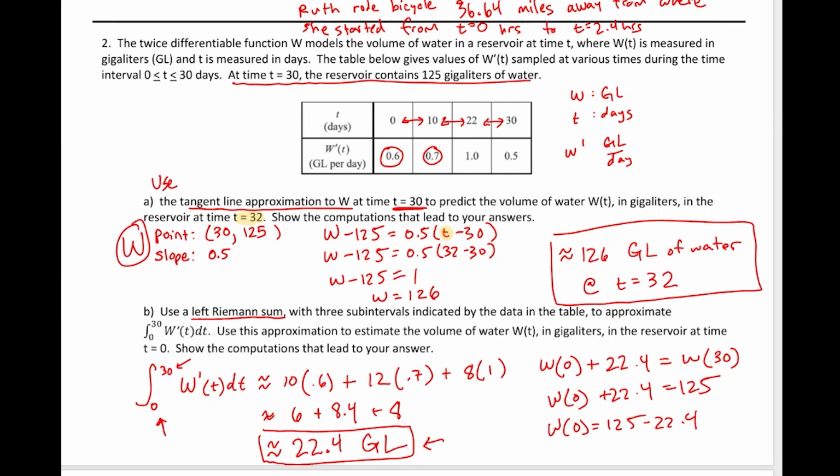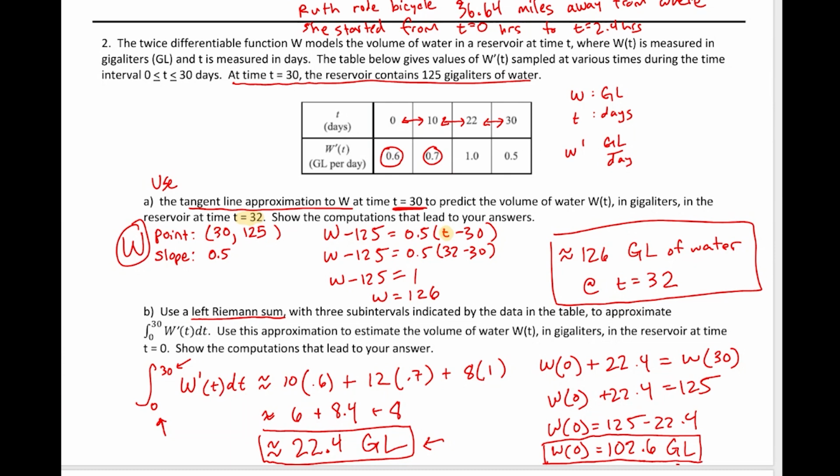And let's see. Oh, that shouldn't be too bad, because 25 minus 22 is just 3, so it'd be 2.6. Yeah, so it'd be 102.6 gigaliters. And that's how much water is in the reservoir at time equals 0.